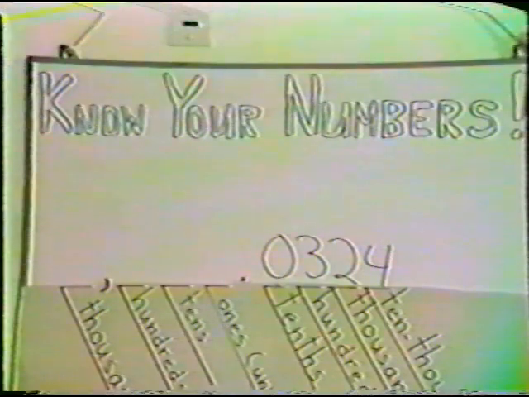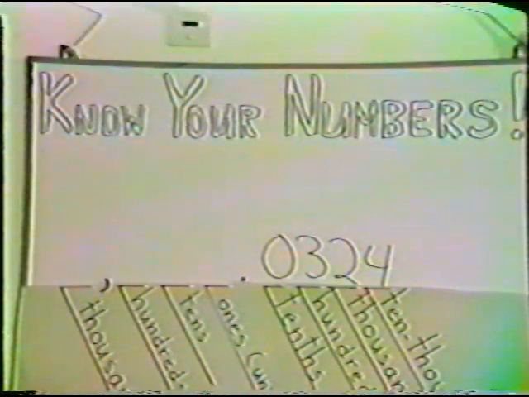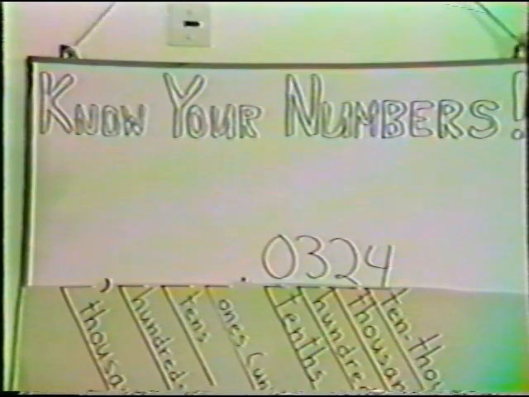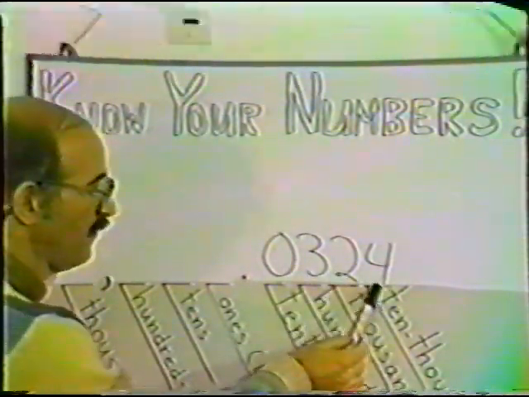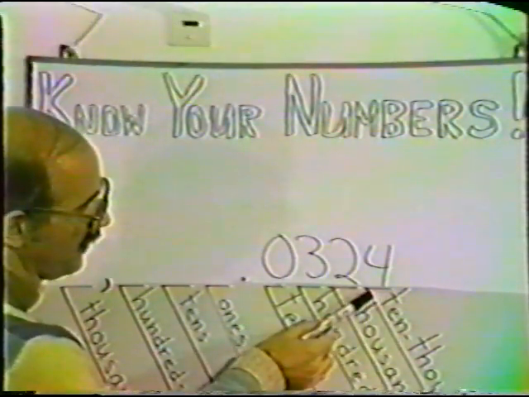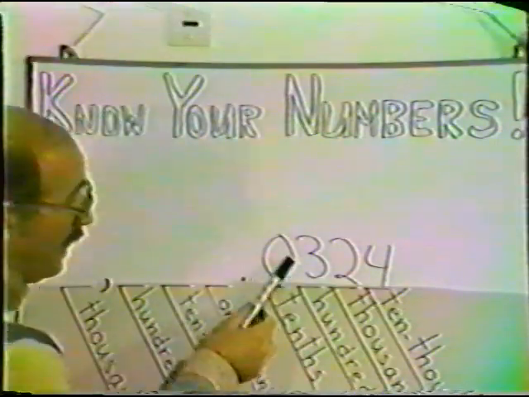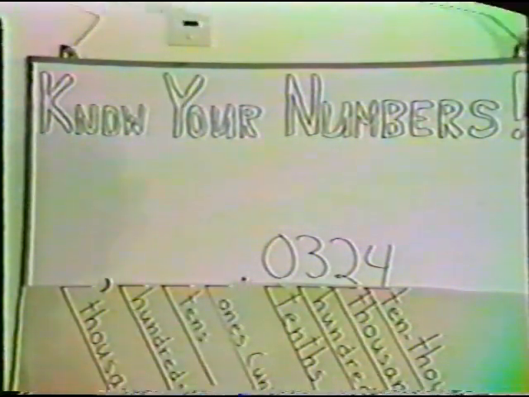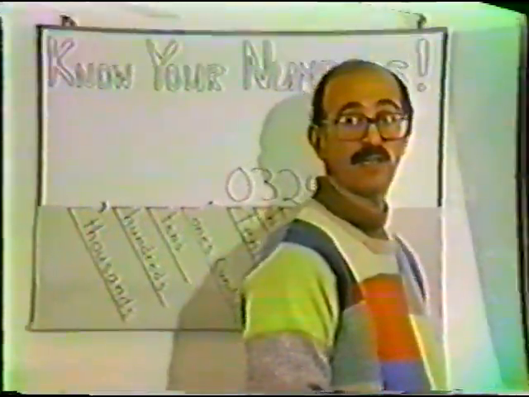Read that one. 324 ten thousandths. Yes, the number was 324. The place where it ended was the 10 thousandths place, and there was a 0 in the tenths place. If we write it out in words, it looks like this.